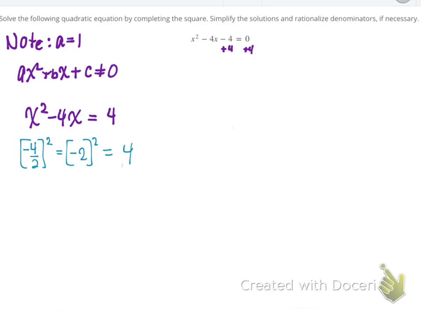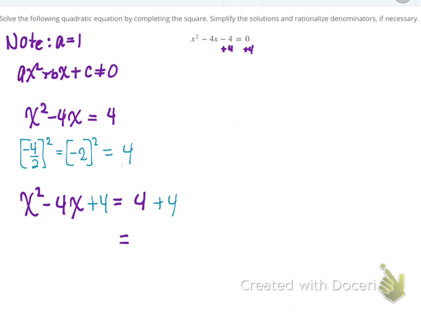Now the next step is to add this 4 to both sides. So I will have x squared minus 4x equals 4, and then I'll add 4 and add 4. When I do this, on the left-hand side, we're going to have what's called a perfect square trinomial.